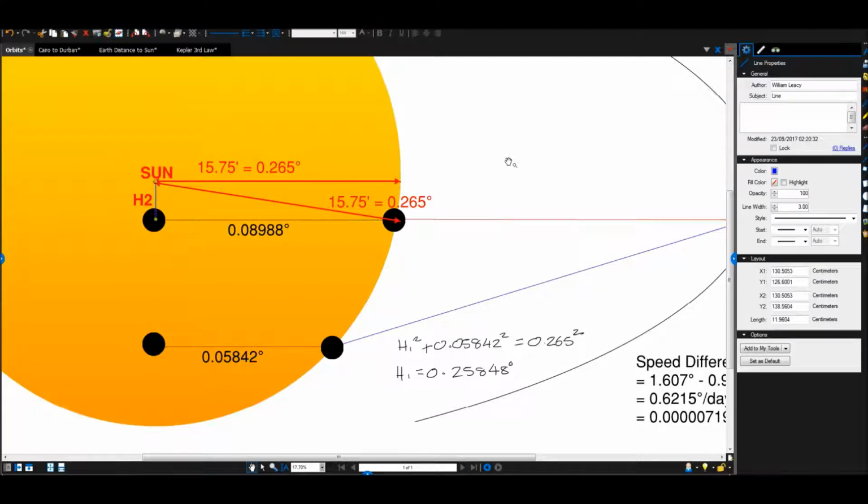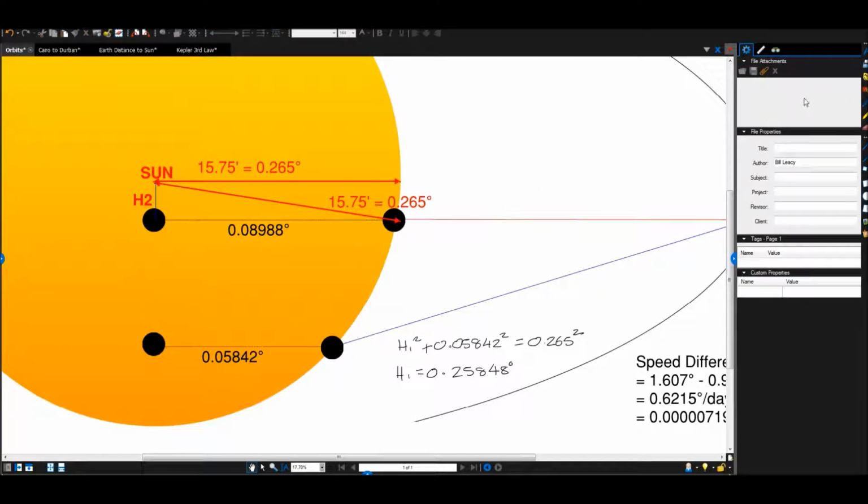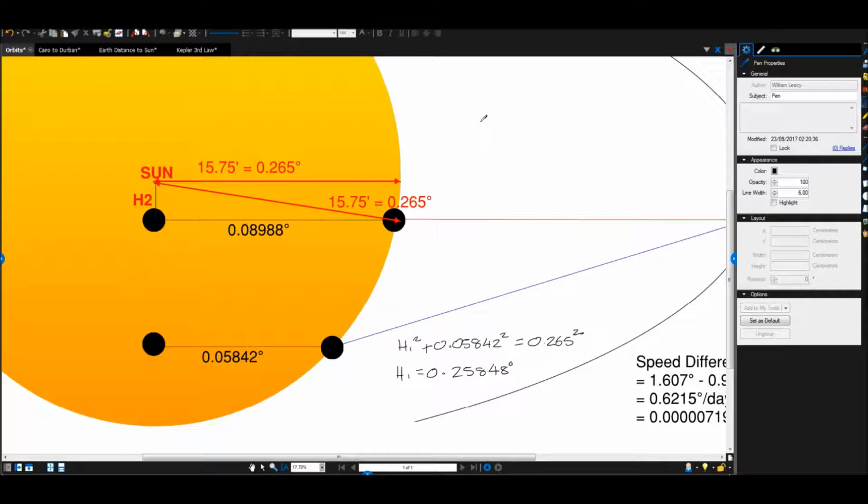So let's do it. H2, similar to Pythagoras' theorem. H2 squared plus 0.08988 squared equals 0.265 squared.